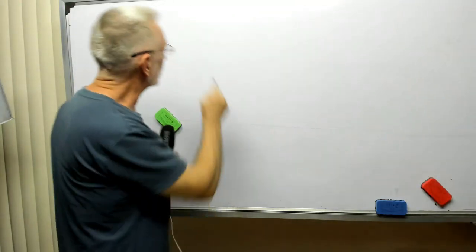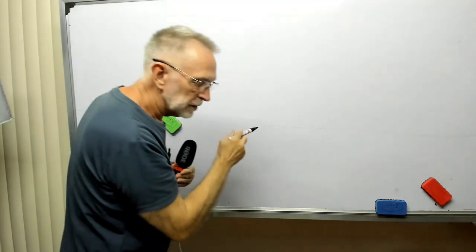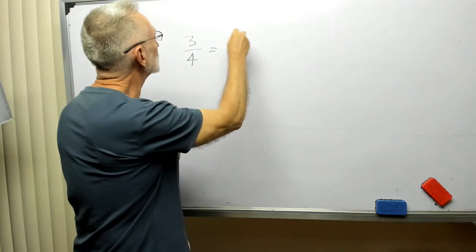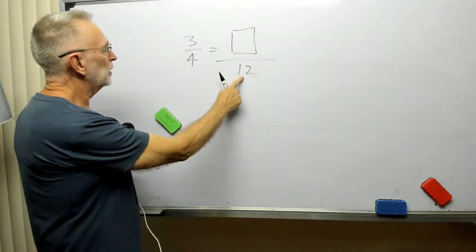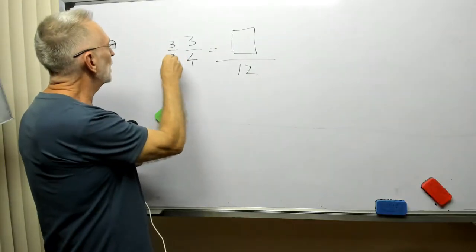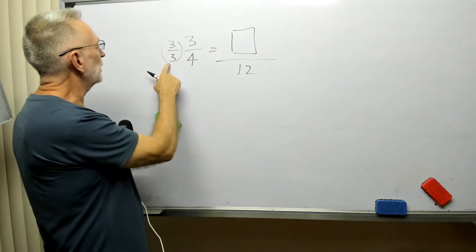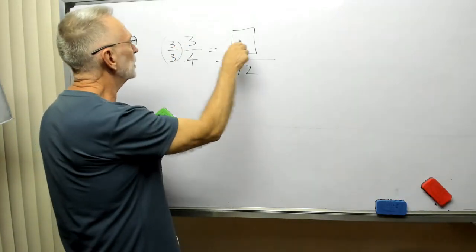This first one here, 3/4 equals something in the box divided by 12. 12 divided by 4 is 3. So I'm going to multiply this by 3/3. 3 times 4 is 12. 3 times 3 is 9.